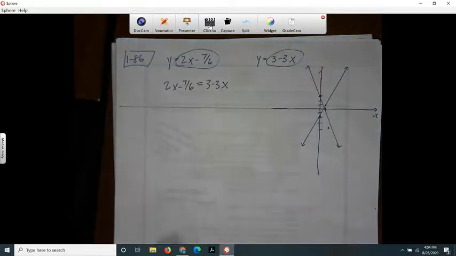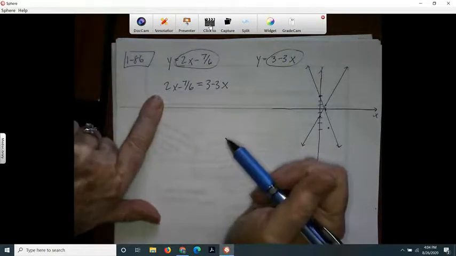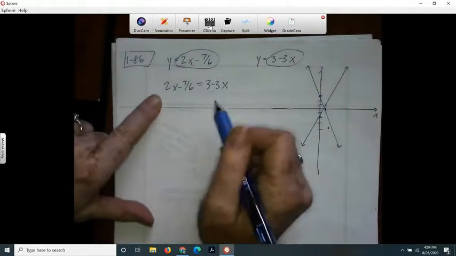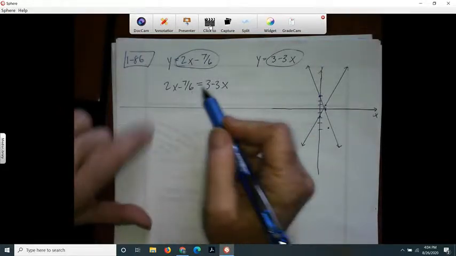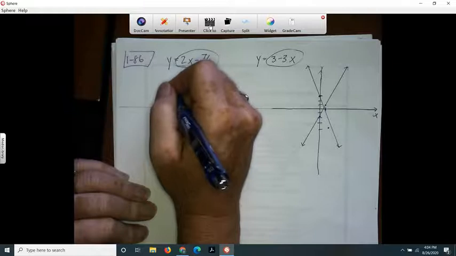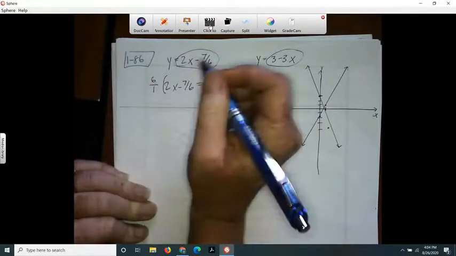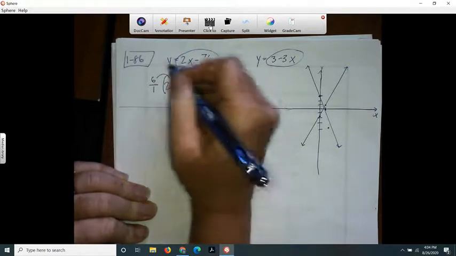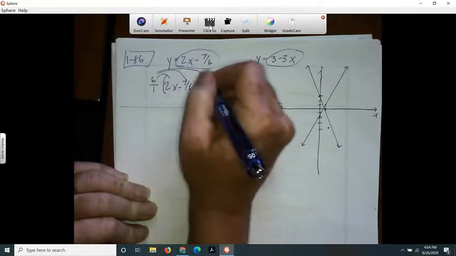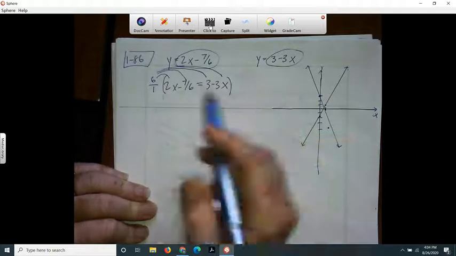Okay, so the easiest way to solve an equation like this when it has a fraction in it is to get rid of the fraction first. So I'm going to multiply through by 6. They used to call it fraction busting, I think, in your old book. So I'm going to multiply every single term by 6.